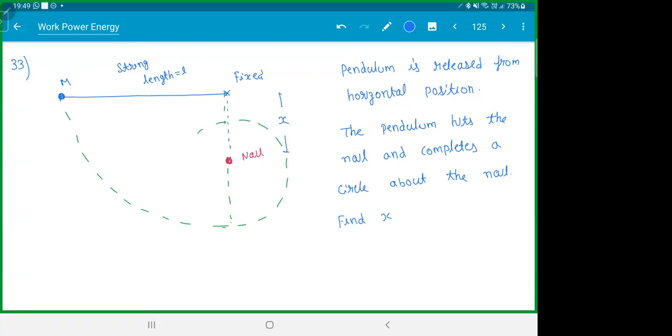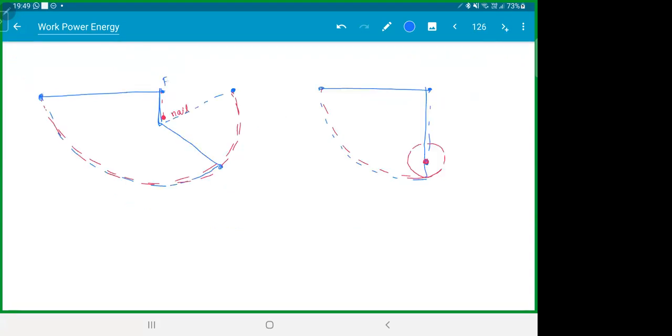Yeah, right, Adrit. Now I was saying if the nail was too high, meaning too close to the fixed point, it won't complete a circle.